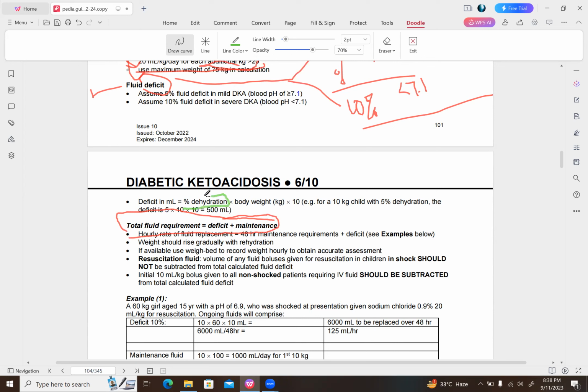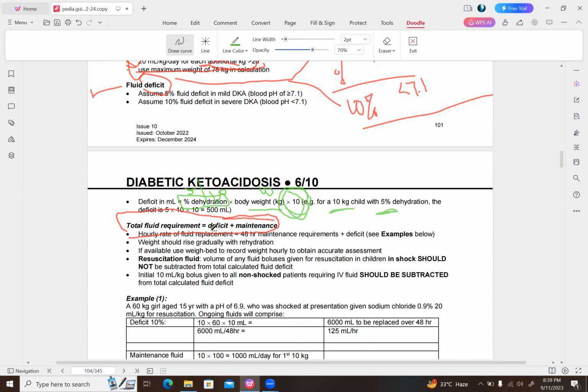Percent dehydration, suppose 5%, you can either write 5 here or you can write 10 here, into body weight, suppose the body weight is 10, and this is multiplied by 10 in every child. So if a child is 5% dehydrated and a 10 kg child, then this becomes 5 multiplied by 10 multiplied by 10. Okay, this is the deficit.